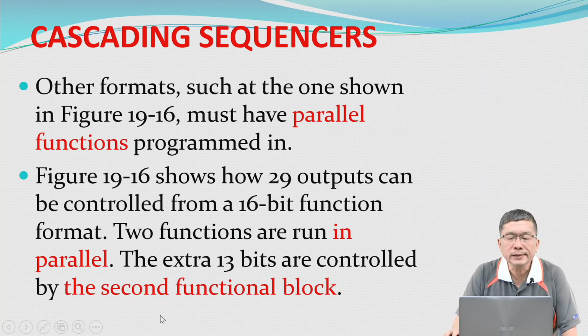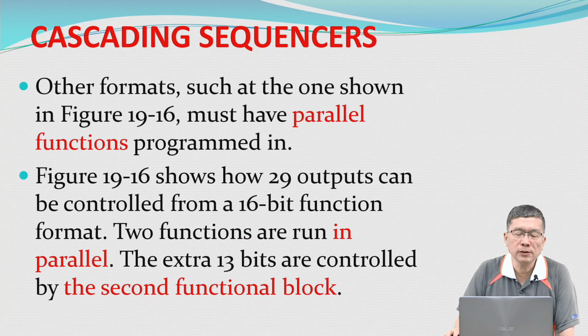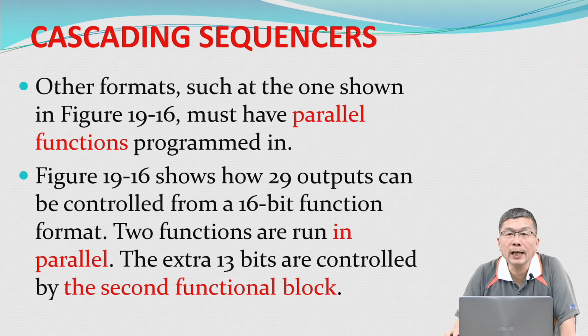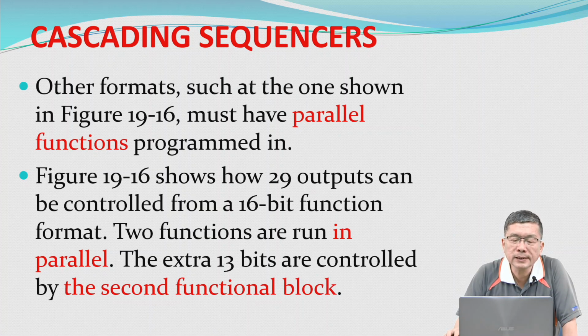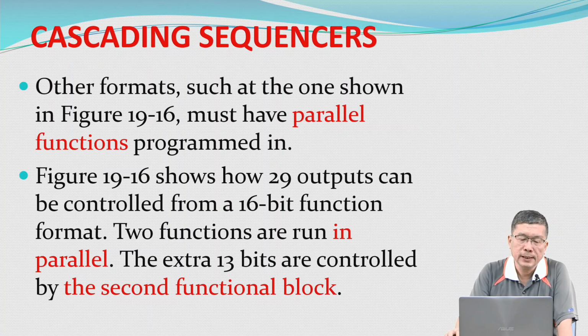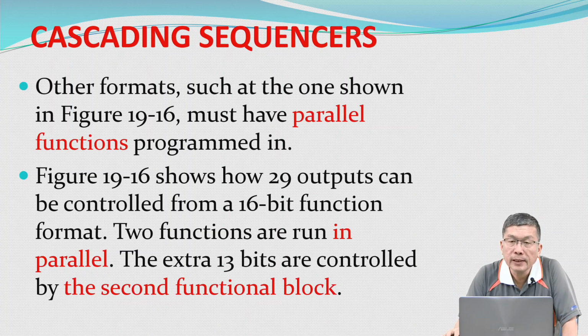Other formats, such as the one shown in figure 19.16, must have a parallel function programmed in. Figure 19.16 shows how 29 outputs can be controlled from a 16-bit function format. Two functions are run in parallel. The actual 13 bits are controlled by the second function block.